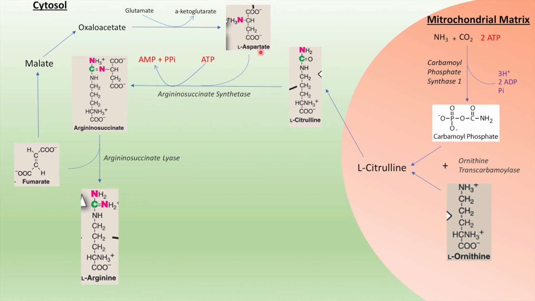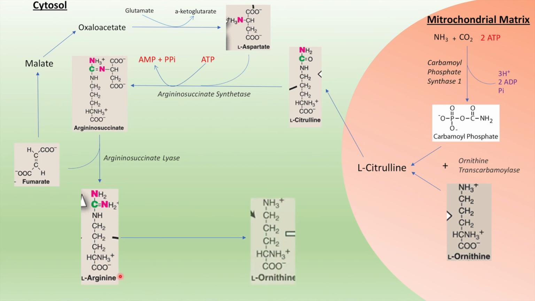So that's how we get aspartate in the cytosol, through lysing arginosuccinate into arginine. You bring out fumarate, turn it into malate, oxaloacetate, and then we get aspartate with the help of glutamate.